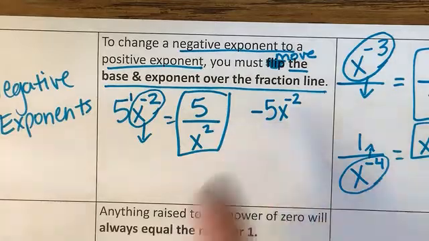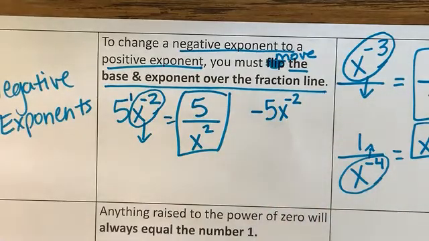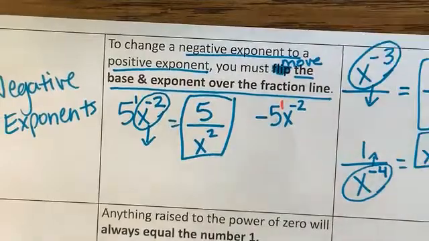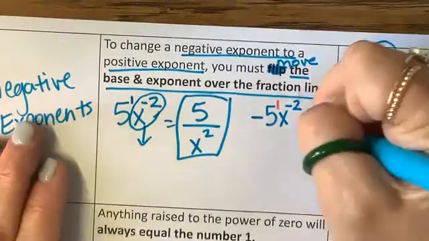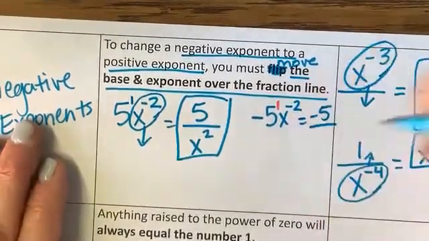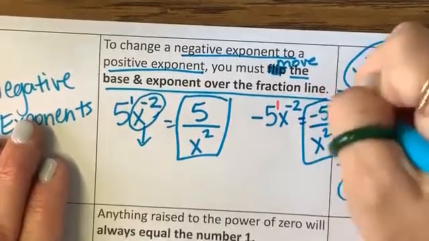Does this negative 5 have a negative exponent? No, it does not. Just because you see a negative number doesn't mean it has to flip. Negative numbers are okay. Negative exponents, not okay. So the negative 5 would stay and still the x squared would flip down.